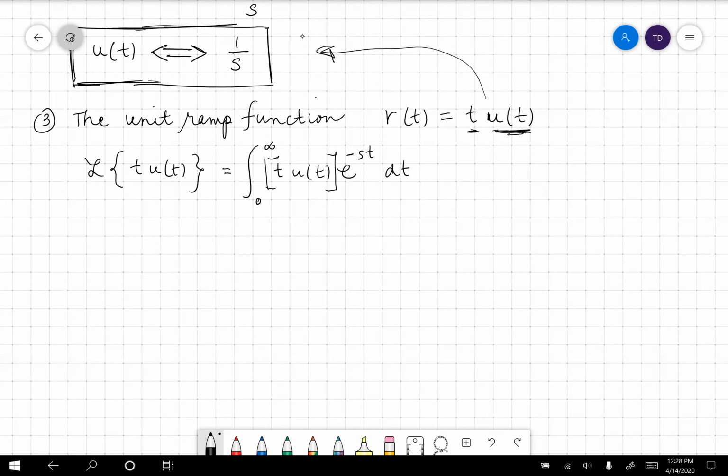Put the function in, multiply that function times e to the minus st, and integrate away the time from 0 to infinity. So no matter what anybody asks you to find the Laplace transform of, find the Laplace transform of dog, the integral from 0 to infinity of dog times e to the minus st dt. That's all we do, just substitute it, and that gives us our Laplace transform.